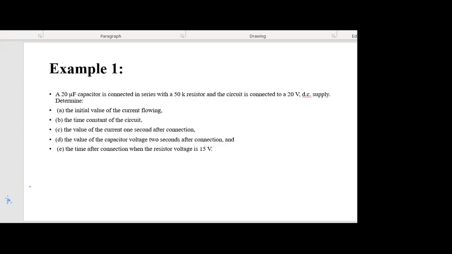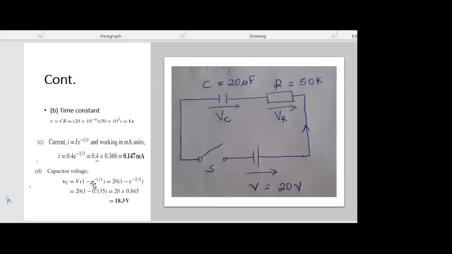Then the other question is the value of the capacitor voltage 2 seconds after connection. We use the exponential growth curve equation, Vc equals V for steady state, then this.